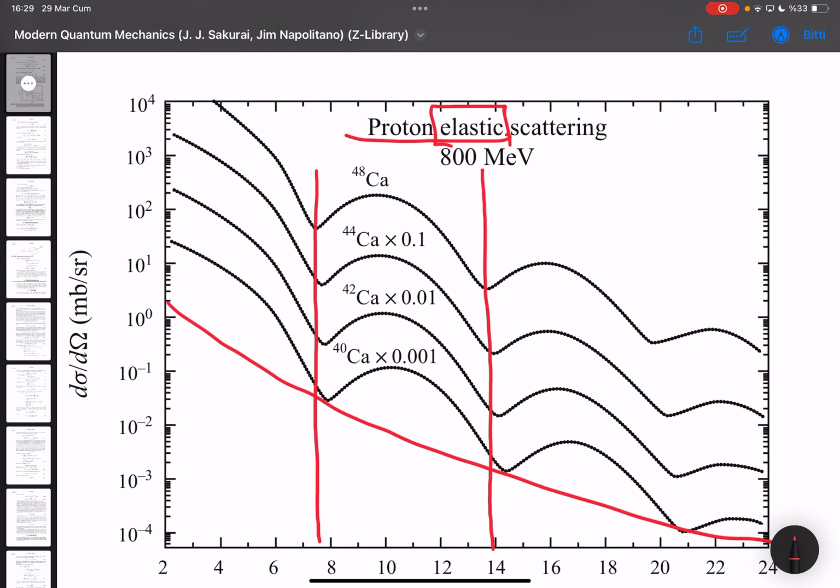Well, you see, our discussion up to here assumes that energy is conserved. So you have a single particle and a single outgoing particle. Now that requires a completely different description, and this result will not be applicable there. This is in fact why here we look at elastic scattering, because that is the picture we have. A particle comes in and the same particle scatters off with the same energy.